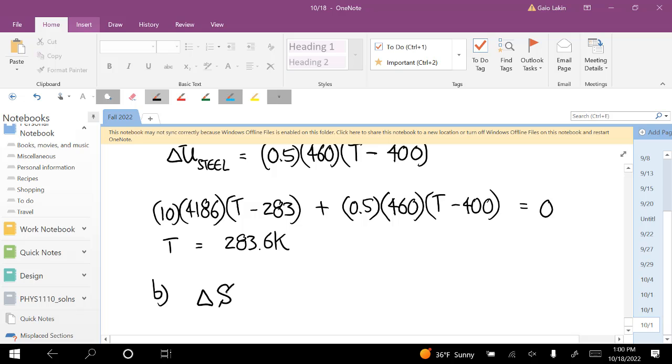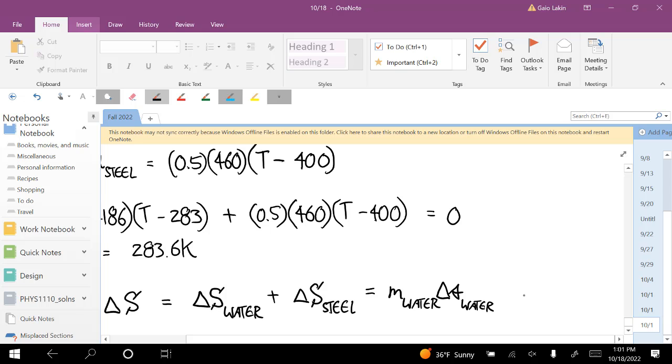Okay, so the total change in entropy is equal to the change in entropy of the water plus the change in entropy of the steel. And that's the mass of the water times the change in specific entropy of the water, plus the mass of the steel times the change in the specific entropy of the steel.